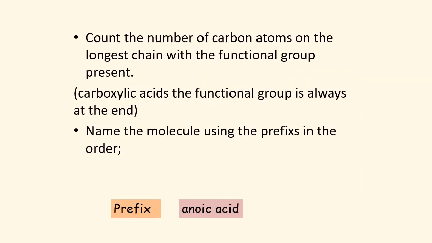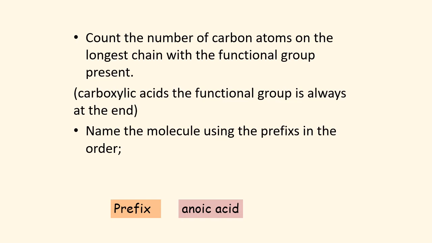Now, when it comes to naming carboxylic acids, we always count the number of carbon atoms in the longest chain with the functional group present. Remember that the carboxylic acid functional group is always at the end of the chain, so it's always going to be on carbon number 1. So we don't need to use a number to tell ourselves where the carboxylic acid is on the chain, because it's always on carbon number 1.